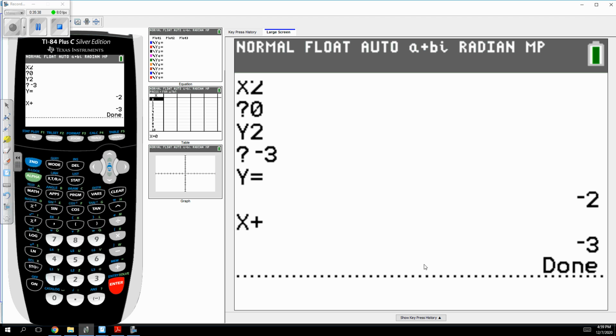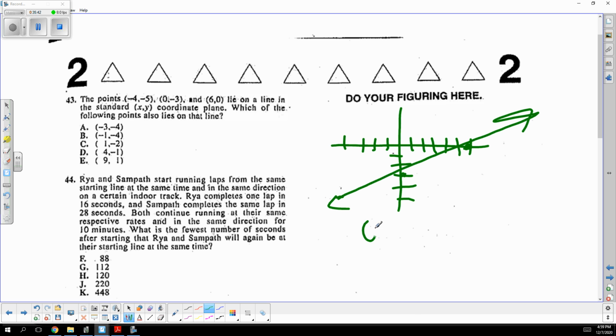Y equals -2x minus 3. That's the line I got. So, test out the points. A is -3. If you plug in -3, do you get -4? No.